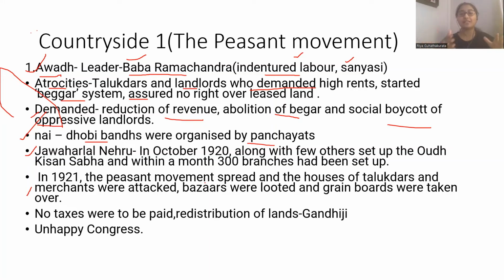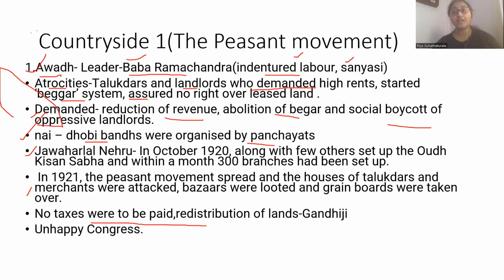So you can see that this movement took a violent path. Not only that, Baba Ramchandra announced that Gandhiji had said that no taxes should be paid, and there should be redistribution of land among the peasants. In the name of Gandhiji, the entire movement took place. People were appreciating the initiatives of Gandhiji at the national level, as well as Baba Ramchandra, who was helping the peasants at the local level.